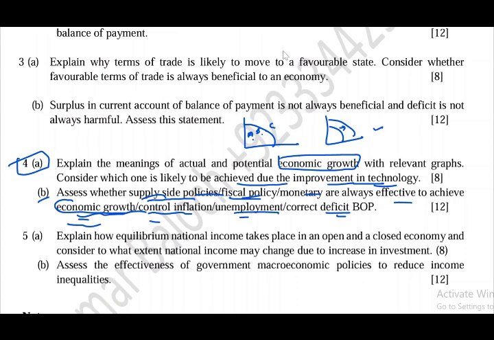Fiscal policy is the demand side policy that manipulates direct taxes and government expenditure to achieve objectives, and monetary policy is made by the central bank of the country, like State Bank of Pakistan, that manipulates money supply, interest rate, and credit regulation. So these are the tools of fiscal, monetary, and supply side policy, and you can't mix them up, right?